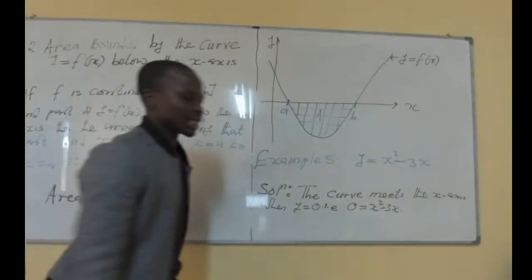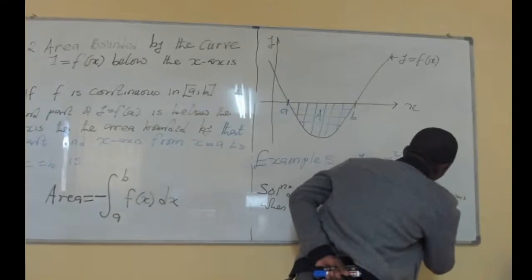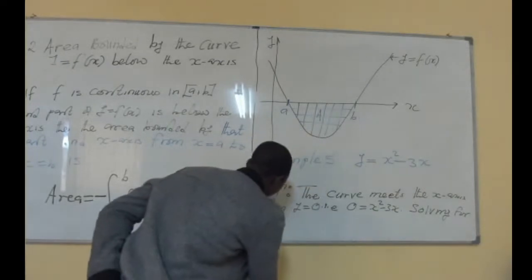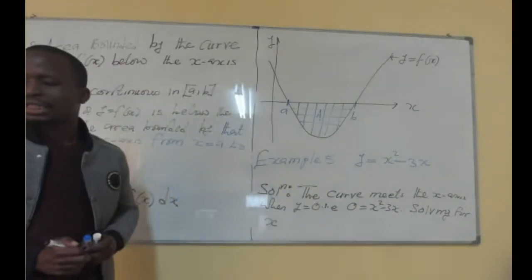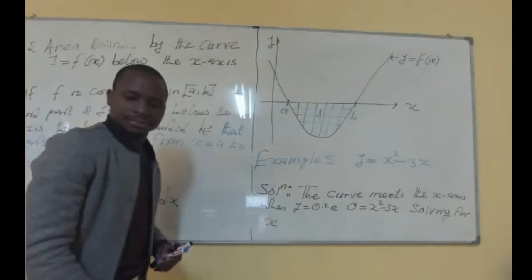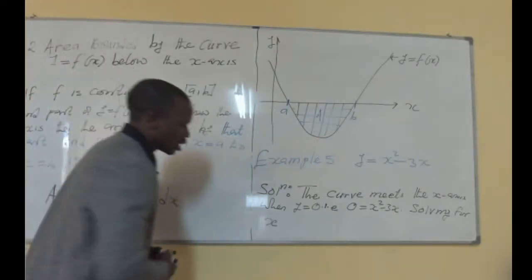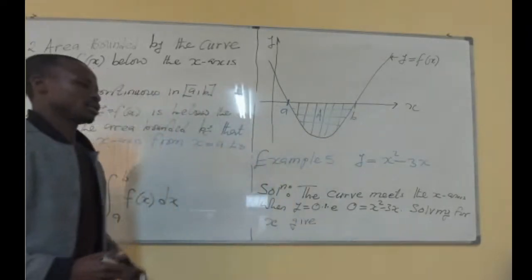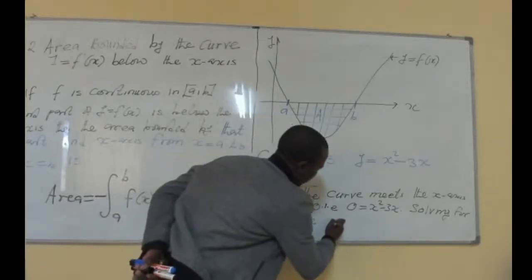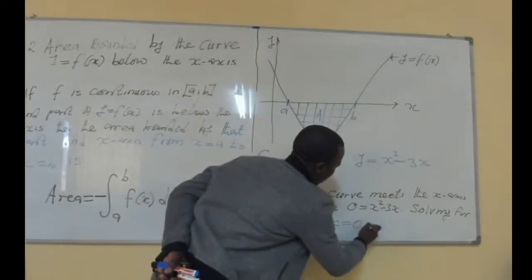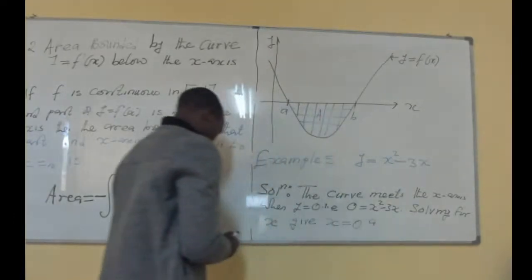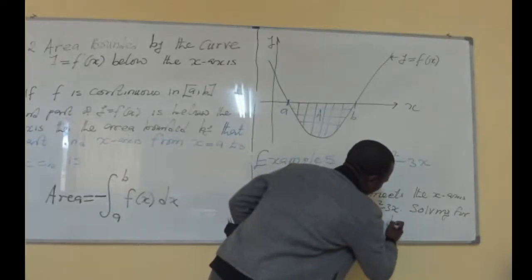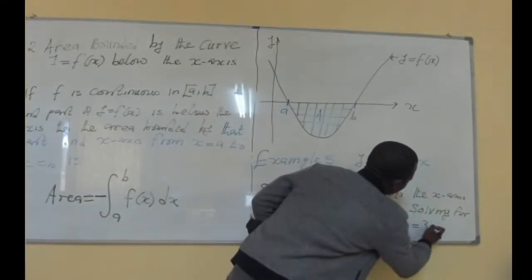Solving for x in that equation, we get x equal to 0 and x equal to 3.